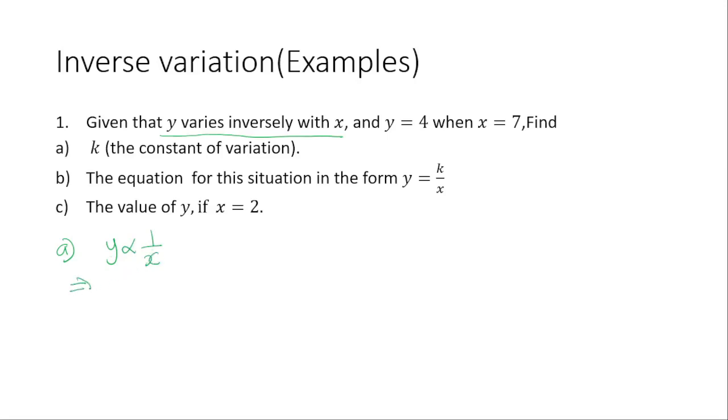So this implies in equation form that y is equal to k over x. For part A, we've been asked to find the constant of variation. So we have to make k the subject of the formula. What's on the right hand side moves to the left hand side, and what's on the left hand side moves to the right hand side.